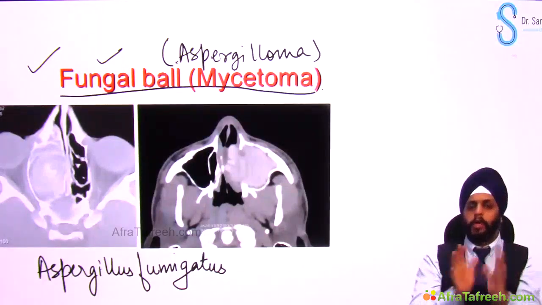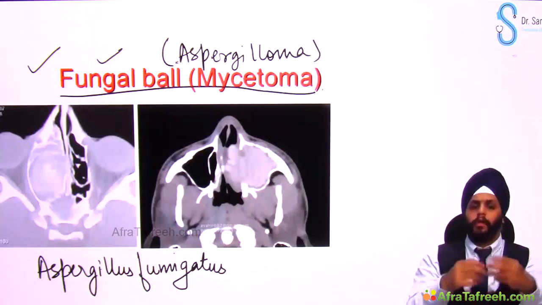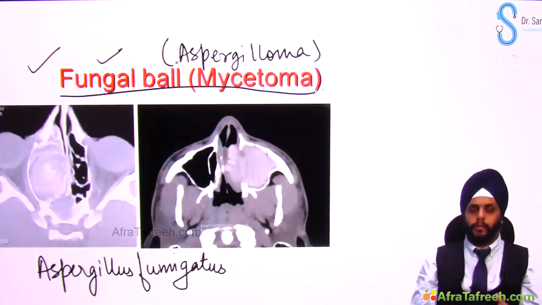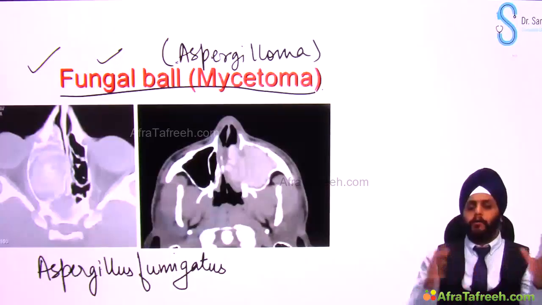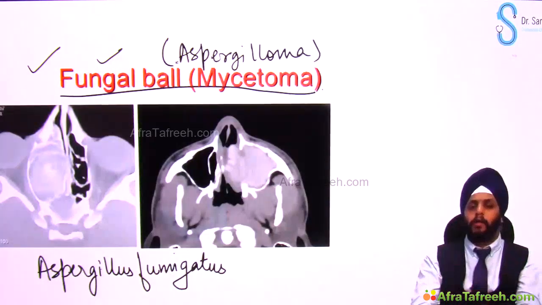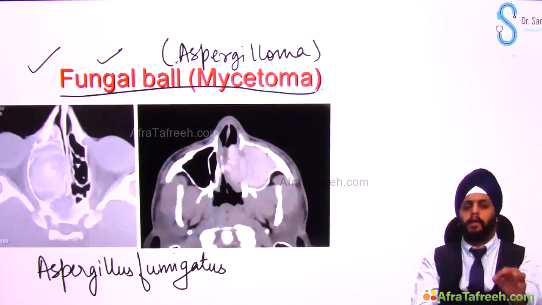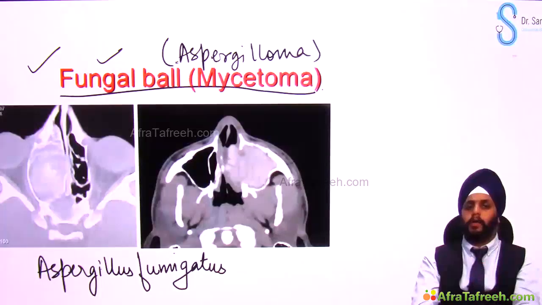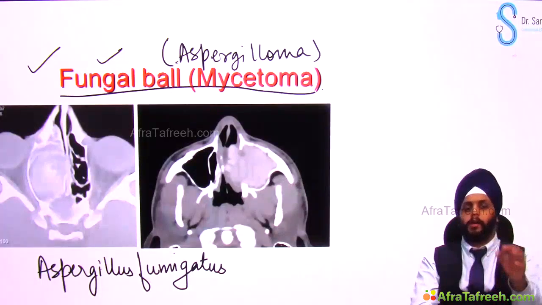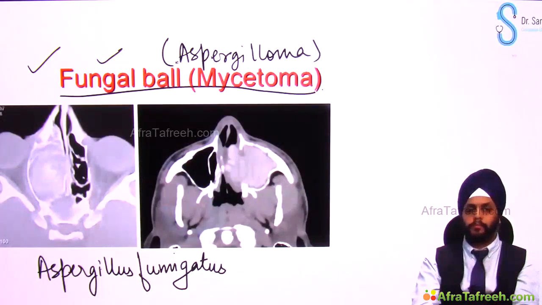This fungus keeps on growing. It accumulates in the sinus cavity, and because of the pressure, it can even destroy the bony wall. It's just a simple collection of fungus in the sinus known as fungal ball or mycetoma.